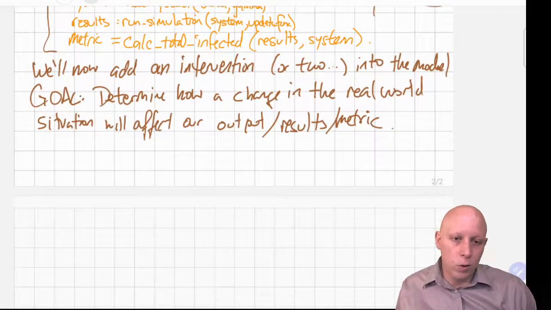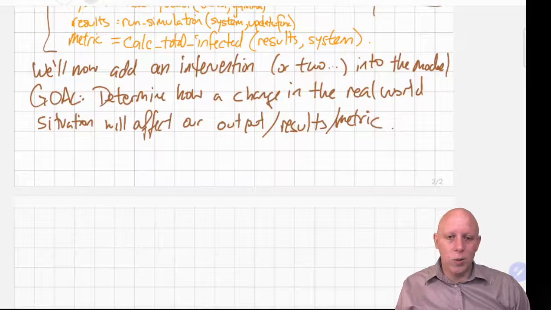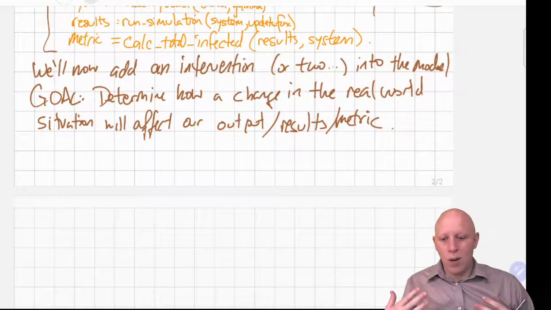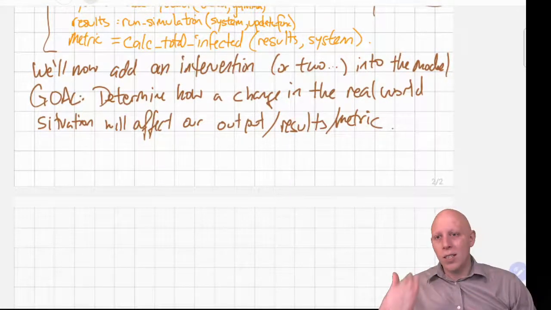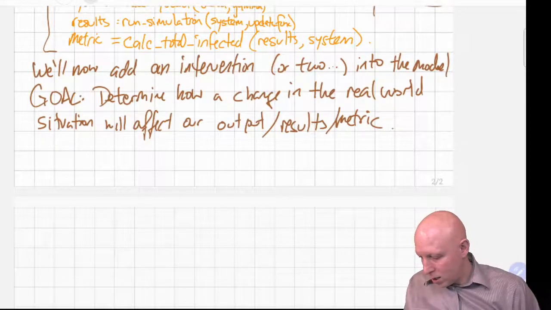If our goal is to, for example, reduce the number of infections, then we can make a decision about how our various different interventions are going to reduce the number of infections.